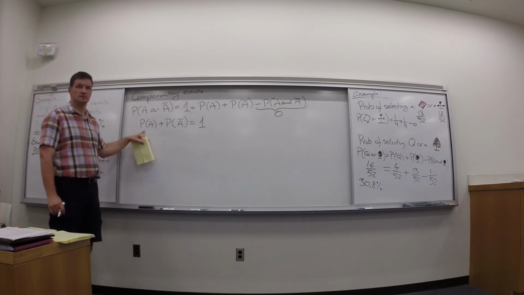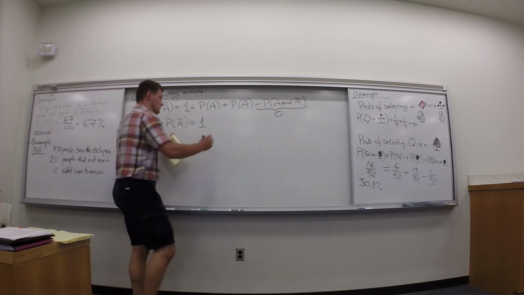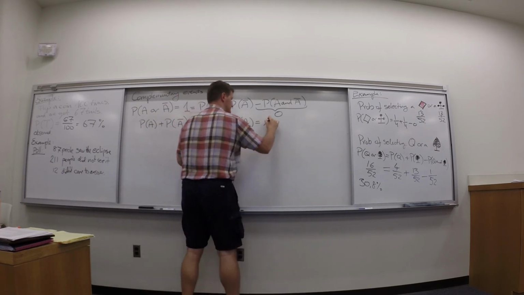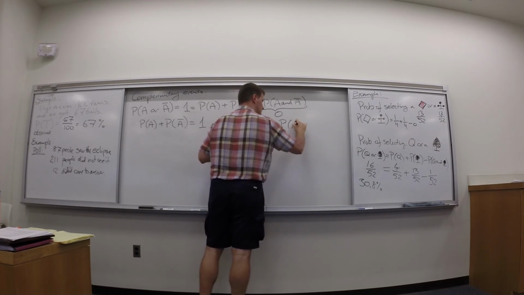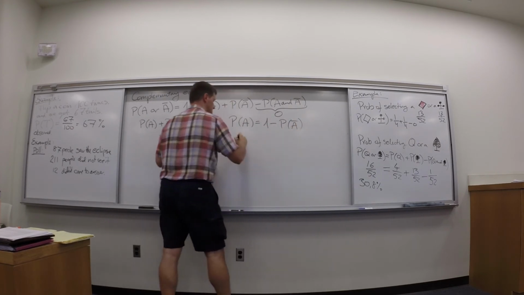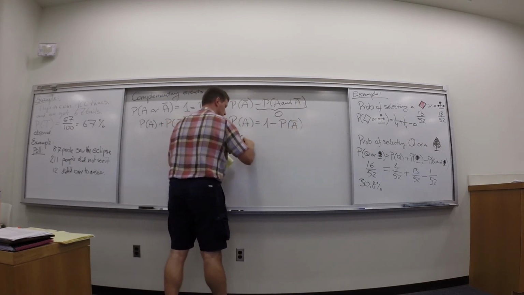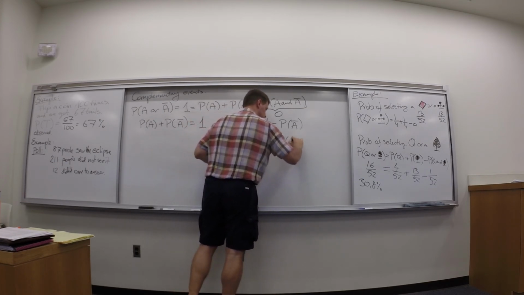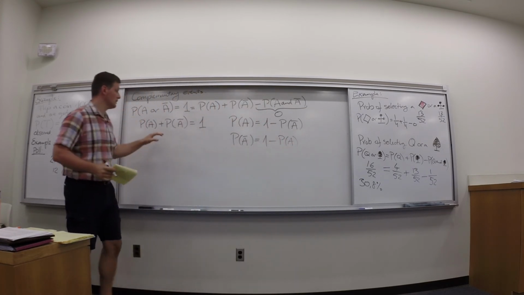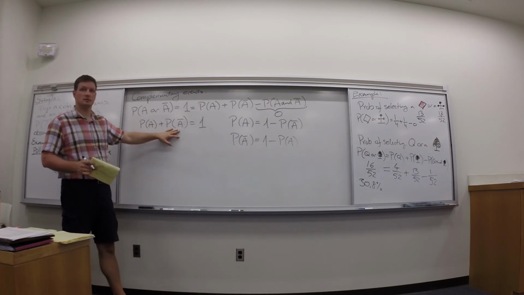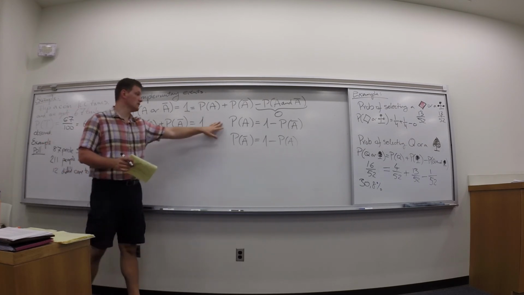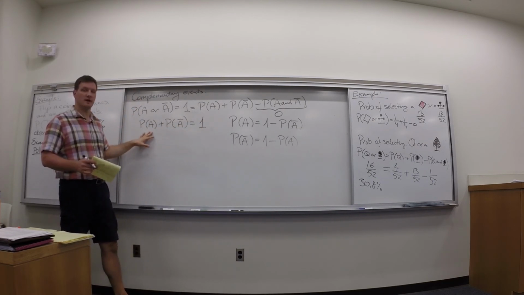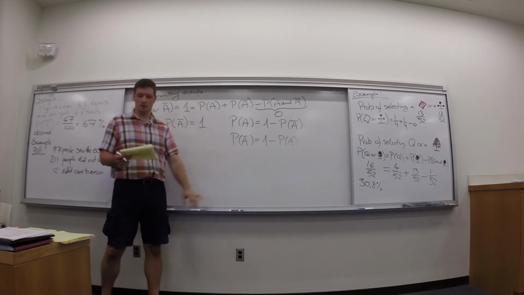But this is a mathematical equation, which means I can subtract the probability of the complement of A from both sides and get this, or I can subtract the probability of A from both sides and get this.